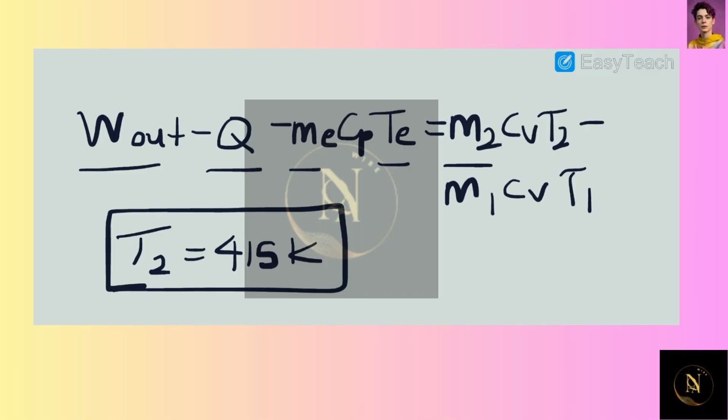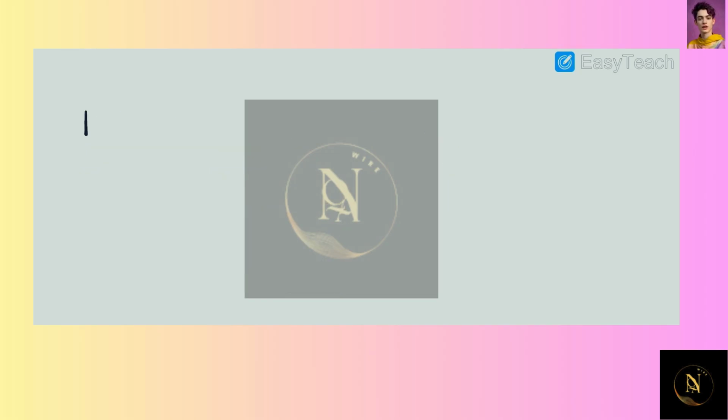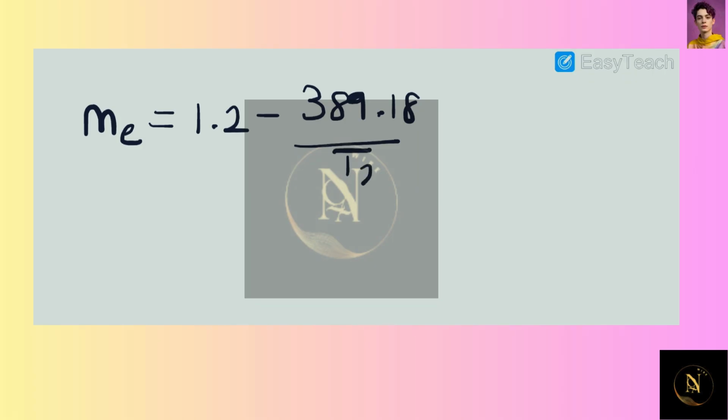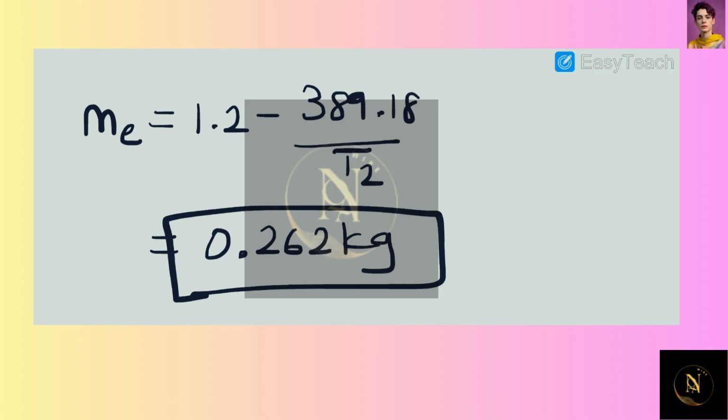So that is another part of our answer. Lastly, we're asked to solve for the mass that has escaped. Our mass that has escaped expression is Me equal to 1.2 minus 389.18 all over T2. And this gives us a mass that escaped equal to 0.262 kilograms. And that's our final answer.